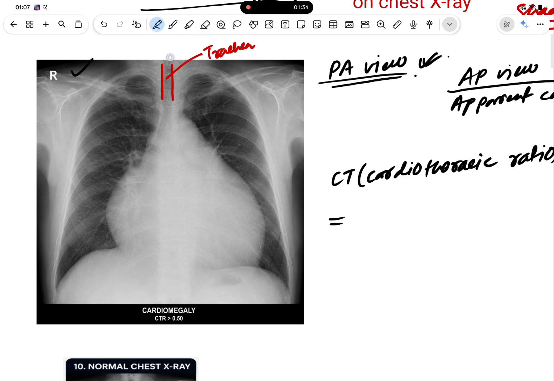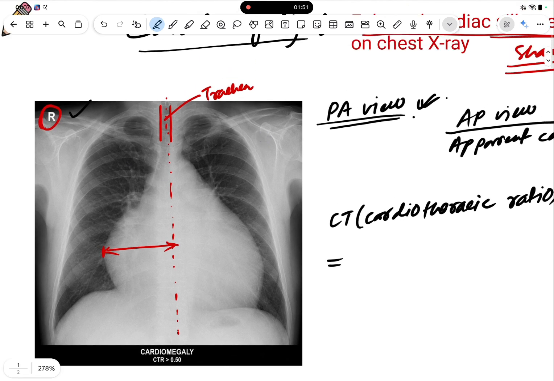So we have to first assume a midline, or draw a midline, and we have to find the maximum length on each side of the cardiac shadow. This is the maximum length to the right of the patient, because our left is the patient's right, and our right side is the patient's left side.